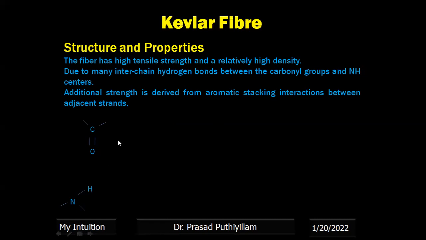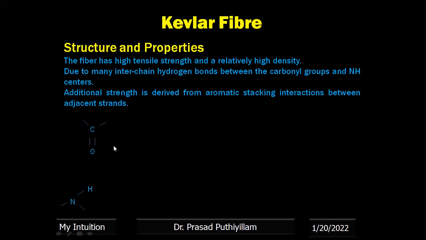This polymer structure repeats here. Just imagine that a polymer is there, but I only represent the C double bond O part here. Again, another polymer chain is present at the bottom of this slide. Just imagine that it is there, but I took only the NH of that.